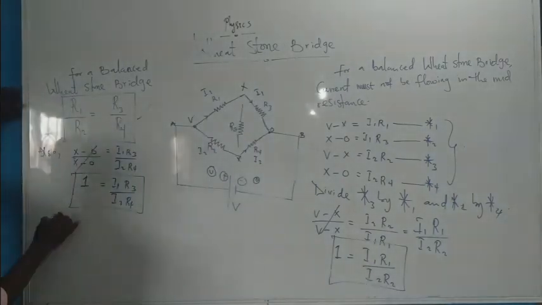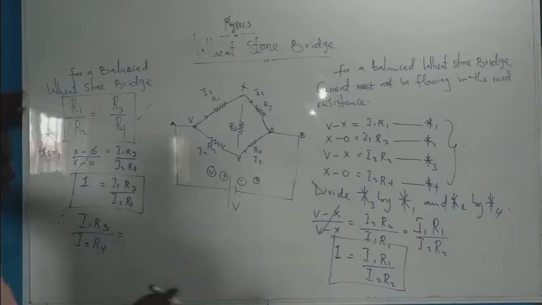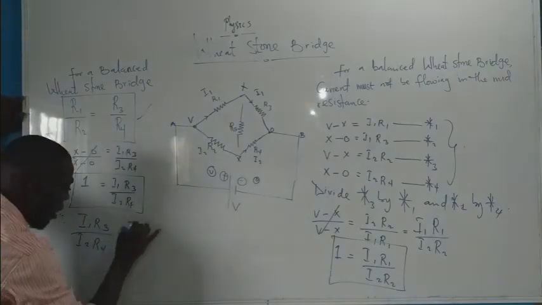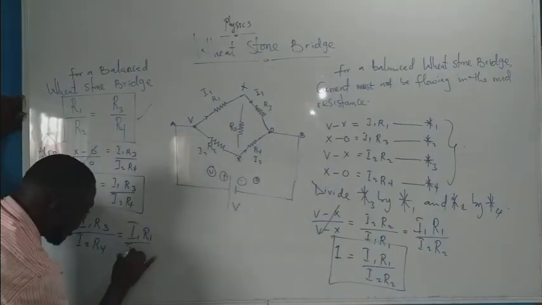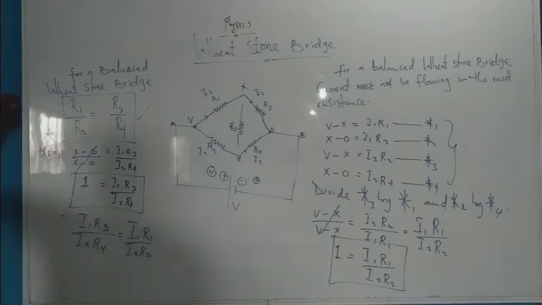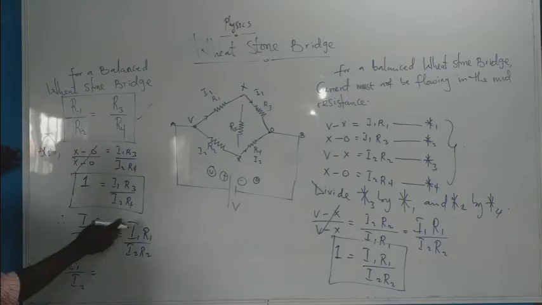So we can have, therefore, I1 R3 over I2 R4 equals I1 R1 upon I2 R2. Therefore, from here you can say I1 over I2 is equal to I1 over I2.